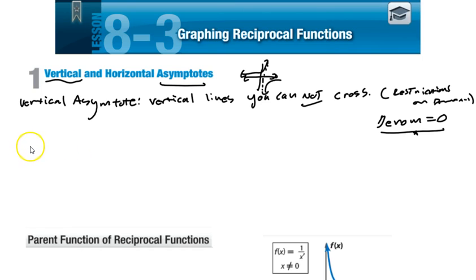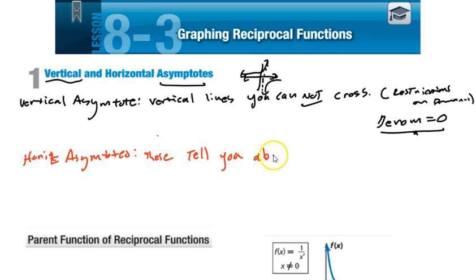Horizontal asymptotes, on the other hand, you can cross. Horizontal asymptotes tell you about end behavior of your graph.